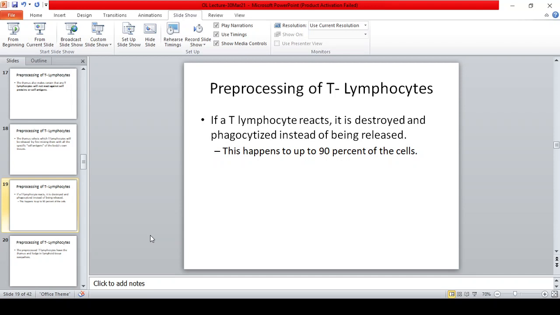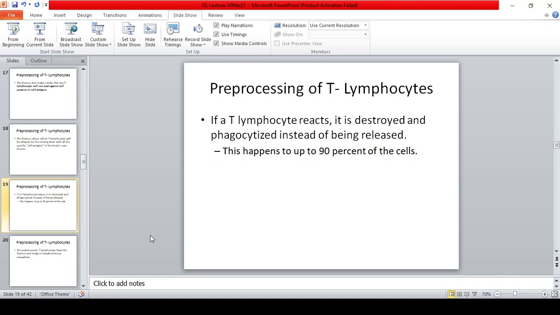Now mind you, this happens to up to 90% of the cells, which is a very, very large percentage. So all those lymphocytes which react with these self-antigens are destroyed. They're not allowed to reproduce, and this is known as immune tolerance.